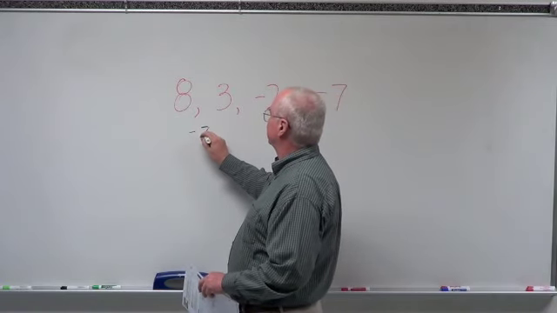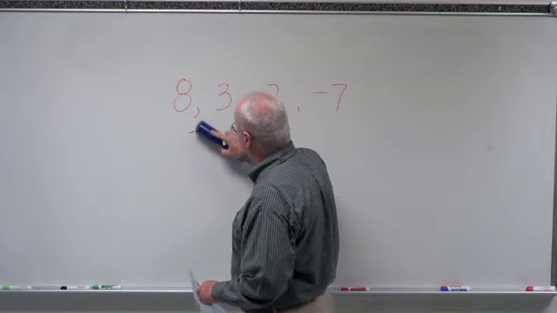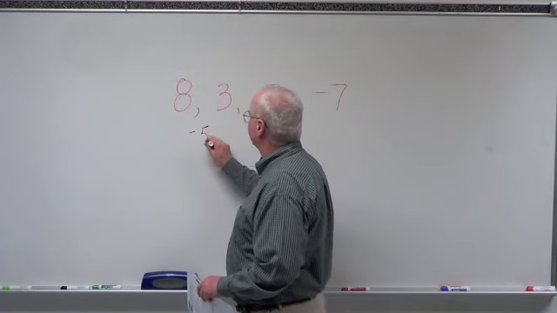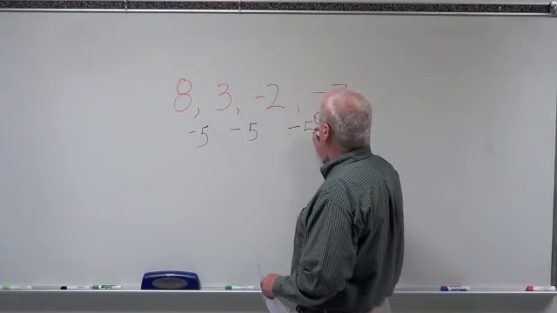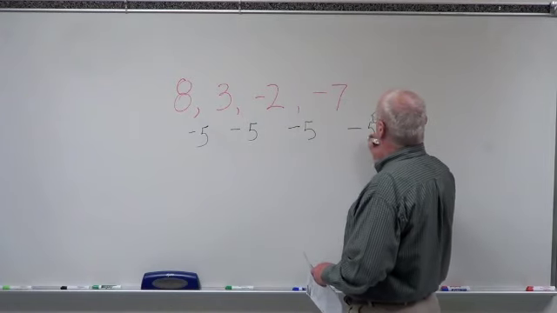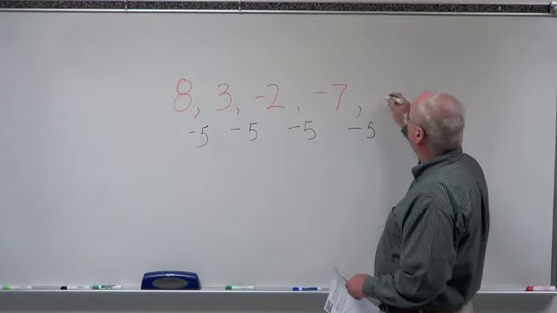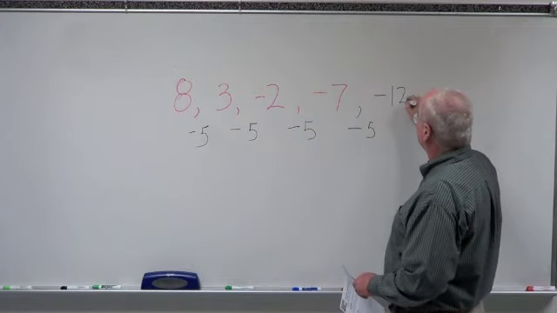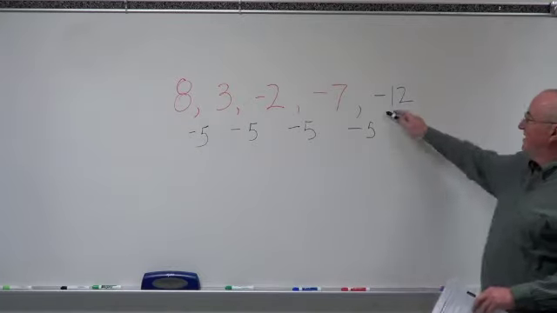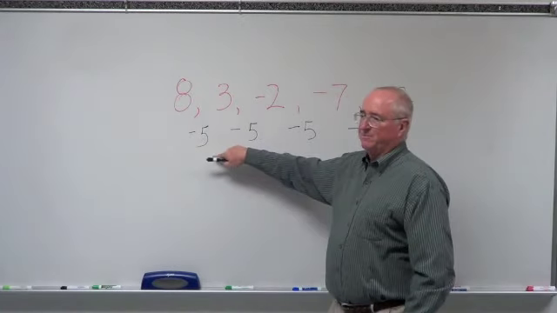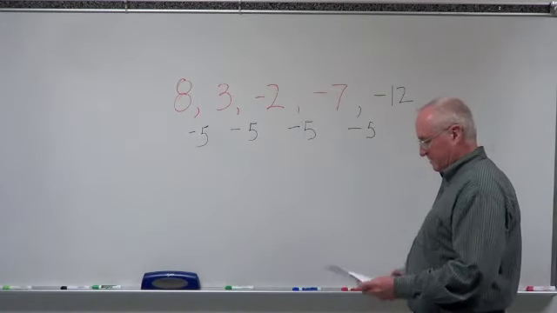Looks like a minus, well, not -3, it's a minus what? -5. What do we do here? -5. What do you think we're going to do here? -5. If we do a -5, what's this one going to be? -12. So your conjecture is -12, based upon known information. All right?